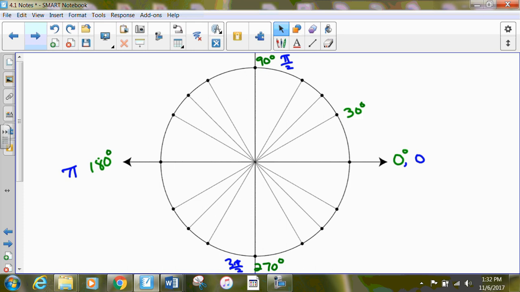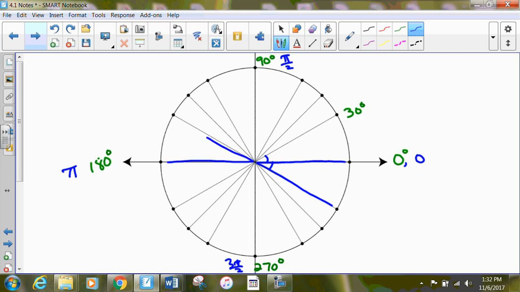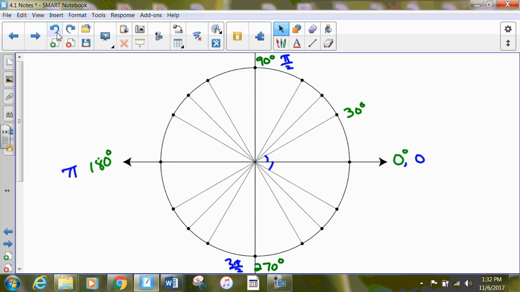Can you see that? This angle right here is 30 degrees away from the x-axis. Now I know I'm not using initial side, so don't worry, I realize I'm doing that. See how that's 30 degrees, and right here, that's also 30 degrees? All of those spokes are 30 degrees away from the x-axis, and we're going to use that knowledge to label the rest of the ones in what I call the bow tie.